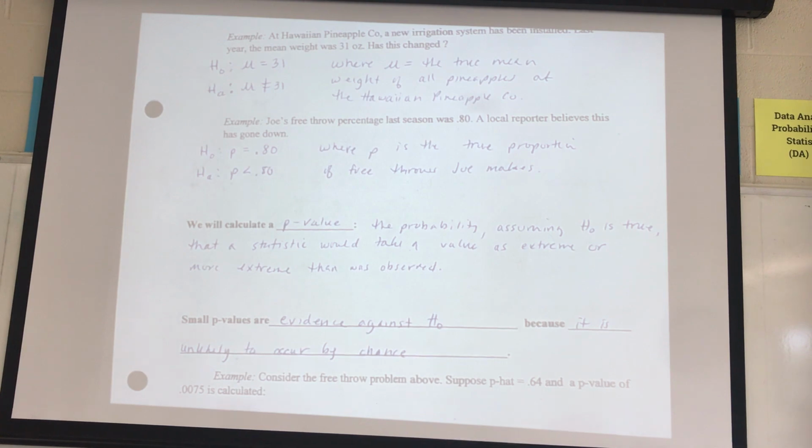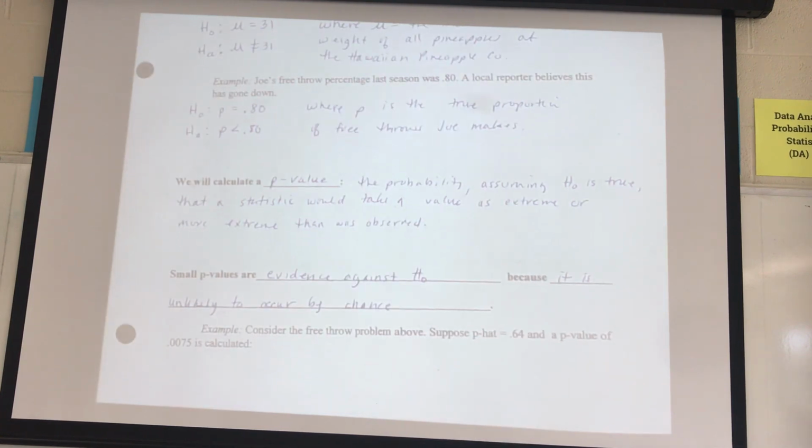Okay, so suppose on this free throw problem, some data was collected. Again, we'll talk about all of the background stuff next class, but suppose some data was collected and we got this p-hat value, and I got a p-value of 0.0075. This gets a little confusing because there's p-hat, and there's p, and there's p-value. It's three different things, right?